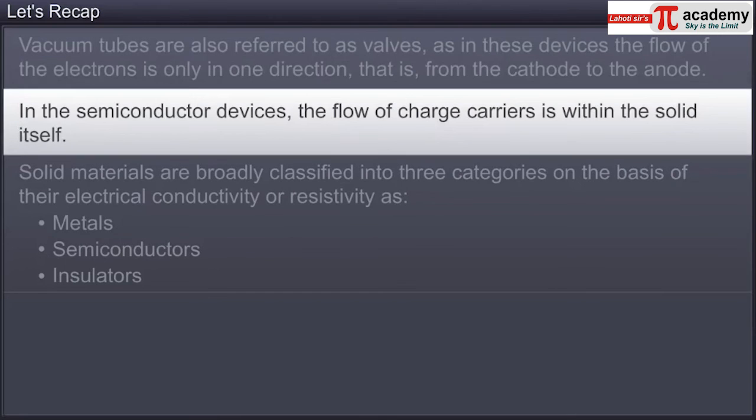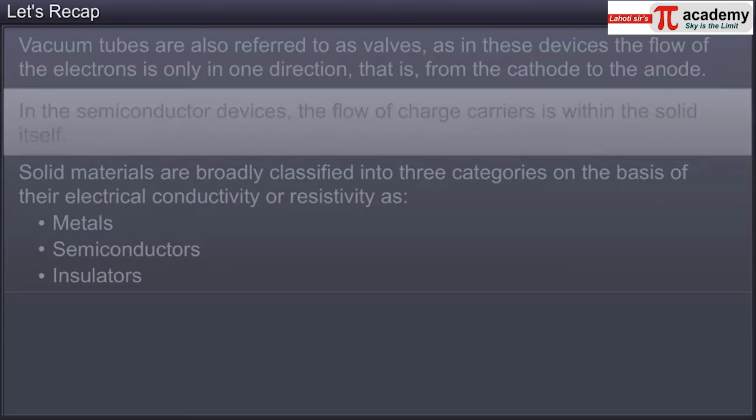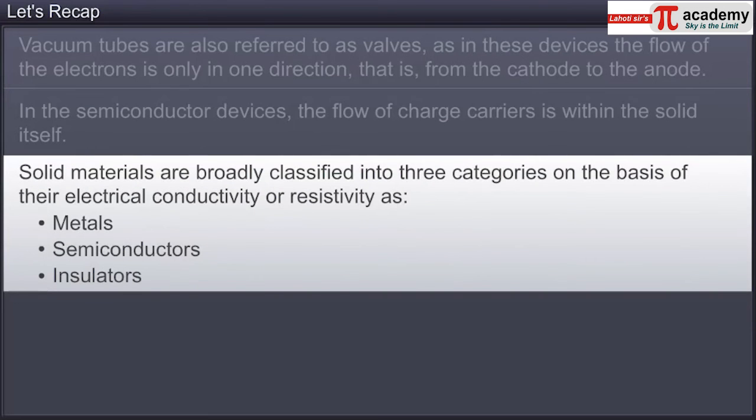In the semiconductor devices, the flow of charge carriers is within the solid itself. Solid materials are broadly classified into three categories on the basis of their electrical conductivity or resistivity as metals, semiconductors, insulators.